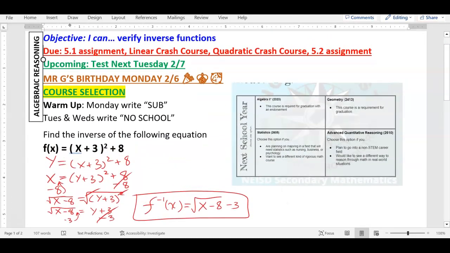Okay? Cool. Now that's a review. That's stuff we've been doing. That's what we did last week. And today we're going to talk about verifying inverses.